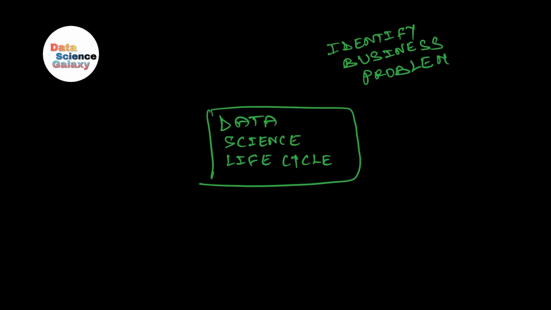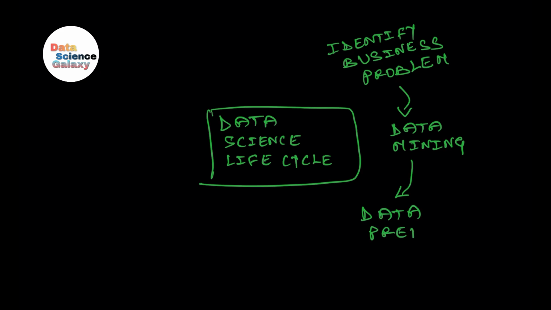Then the next stage is what is called data mining. Essentially, you are going to extract data that is relevant to understand this problem even more. So data will not be neat and tidy, and therefore you have to do a lot of data preparation or data cleaning.